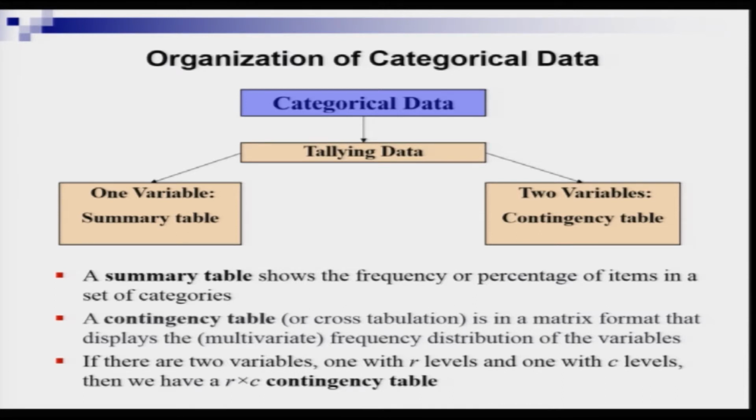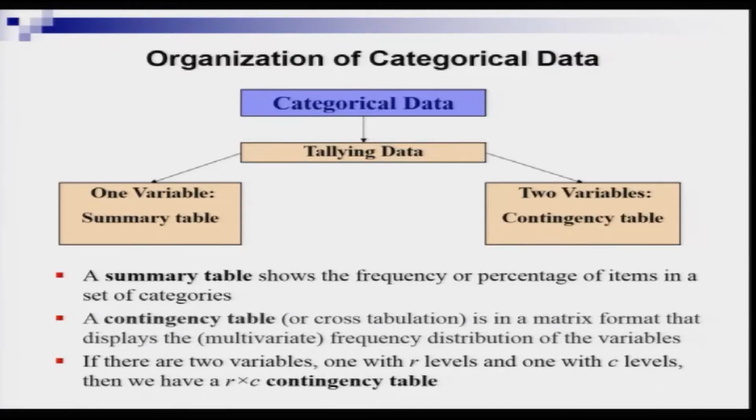Based on the frequencies generated from tallying the data, you can also talk about the relative frequency, percentages, etc. When you have more than one categorical or qualitative variable, then there is a special kind of table that one can develop and that is the contingency table. In the following slides I am going to explain what a contingency table is and how contingency tables can be used to derive simple probability measures.